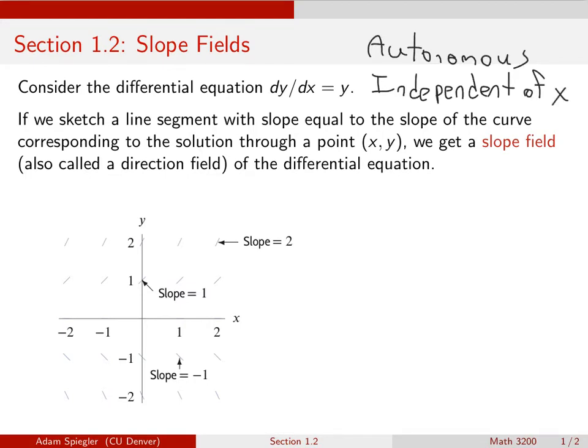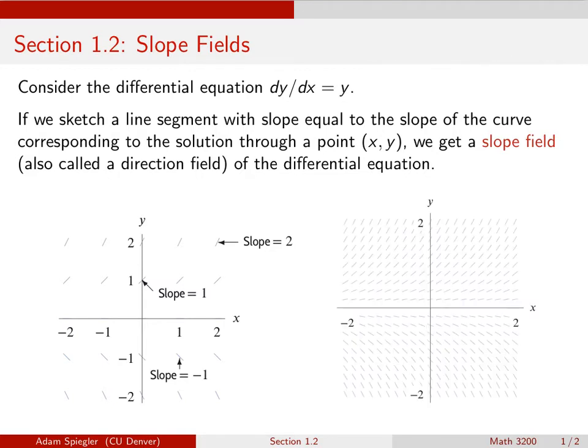So the differential equation only depends on y, so it's the y coordinate of each point alone that's going to determine the slope. That's certainly not going to be the case always, as we'll see shortly. But we get some really nice special properties from autonomous differential equations that we'll take a look at more in depth in the next section.